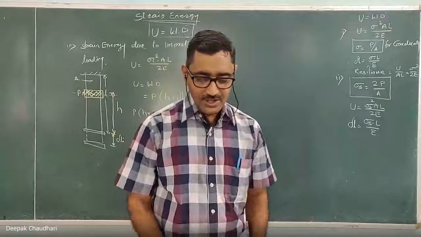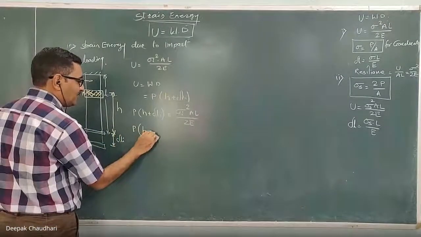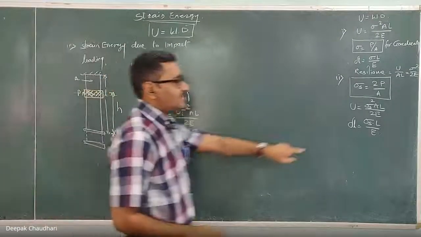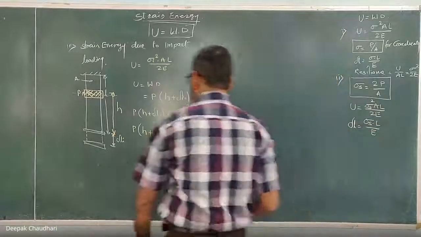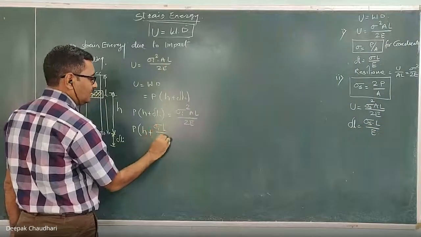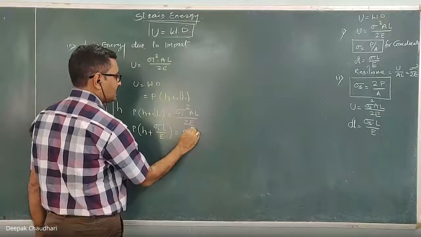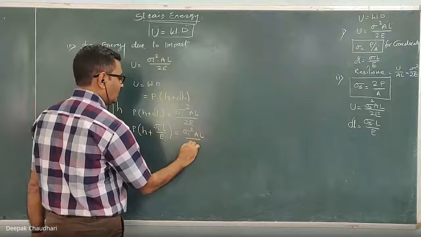Have you understood this? Then this P into h plus delta Li can be written in terms of the corresponding stress, so it is sigma I into L upon E, which is equal to sigma I square Al upon 2E.